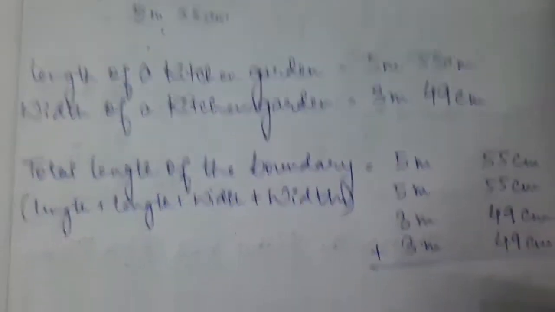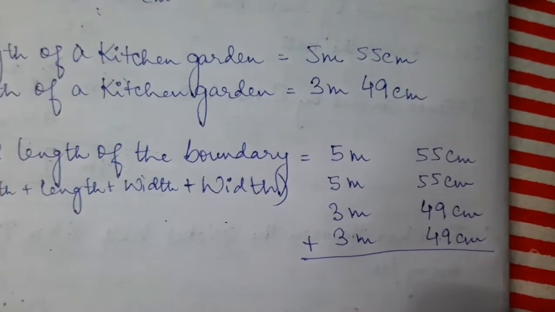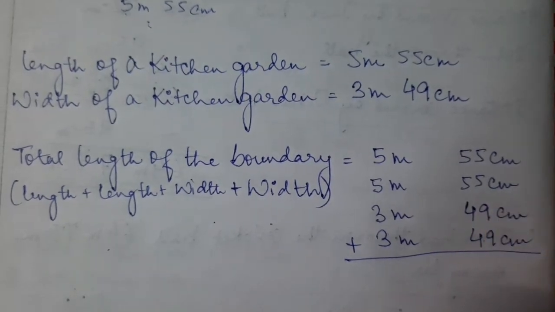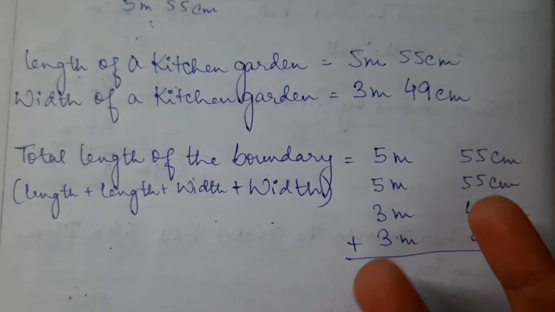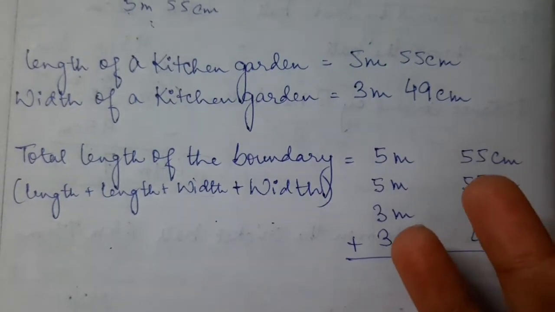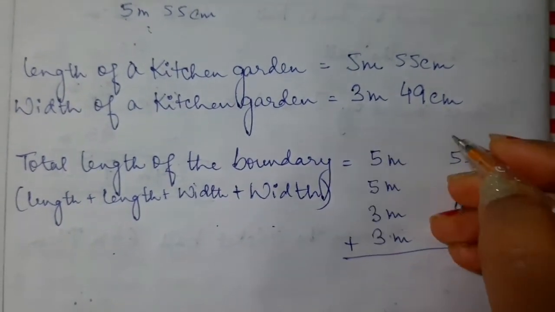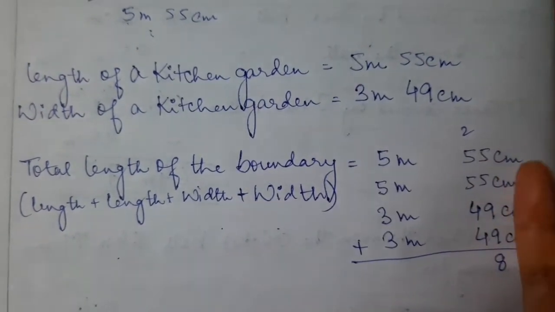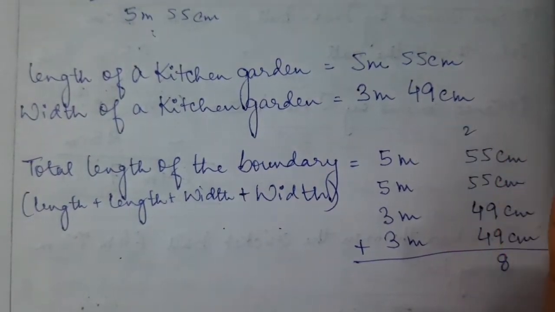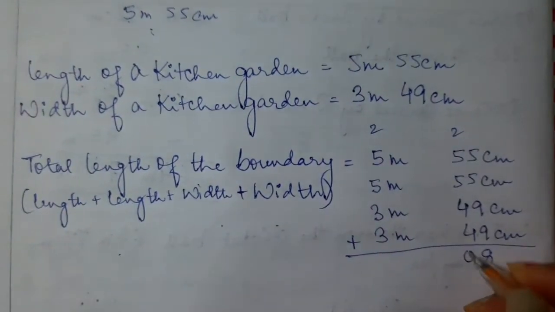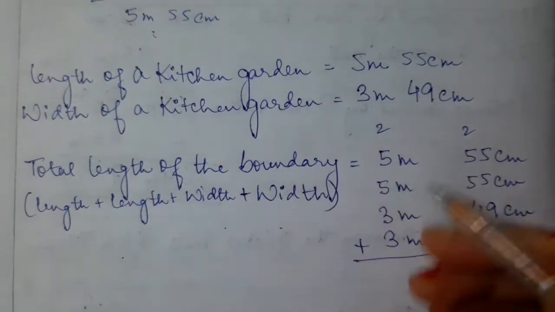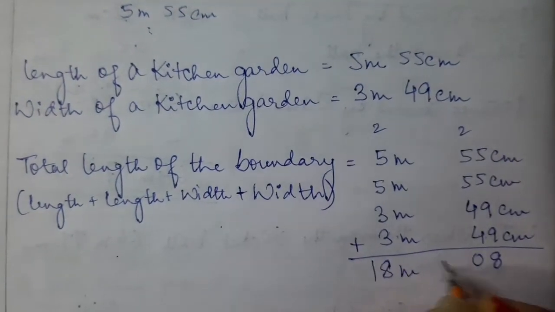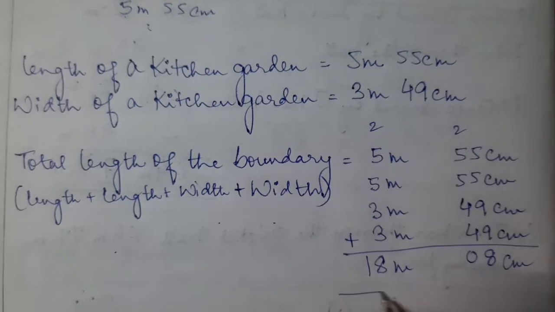We have to do addition here. 5 plus 5 is how much? 10. 10 plus 9 is 19. 20, 21, 22, 23, 24, 25, 26, 27, 28. 28. Carry forward 2, right here 8. 5 plus 5, 10, 11, 12, 13, 14, 15, 16, 17, 18, 19, 20. 20. 5 plus 5, 10, 11, 12, 13, 14, 15, 16, 17, 18. So the answer is 18 meter 8 centimeter.